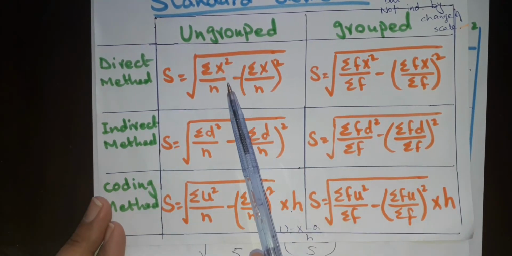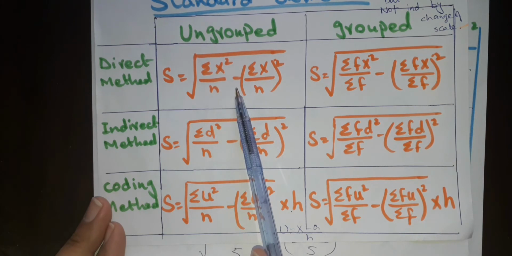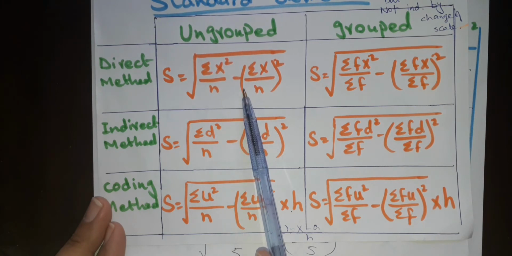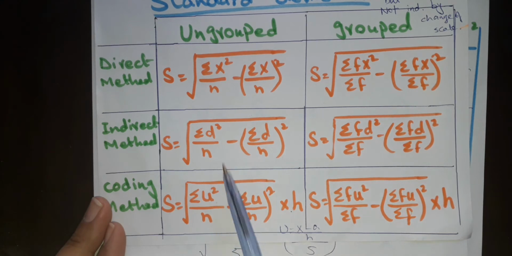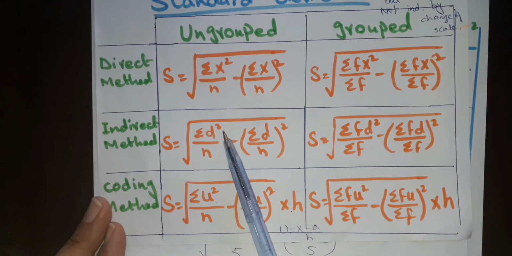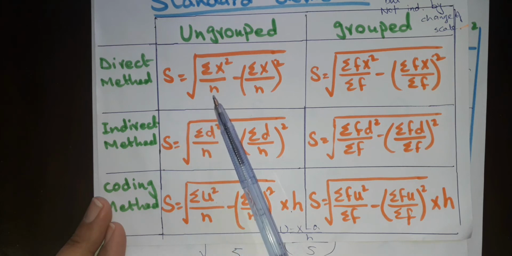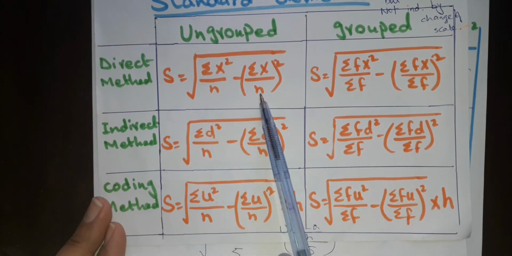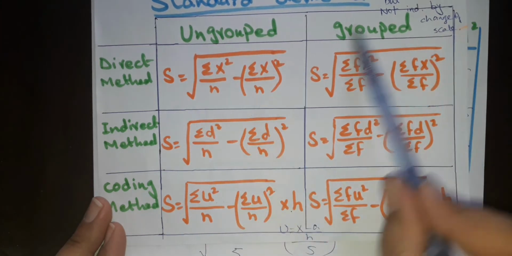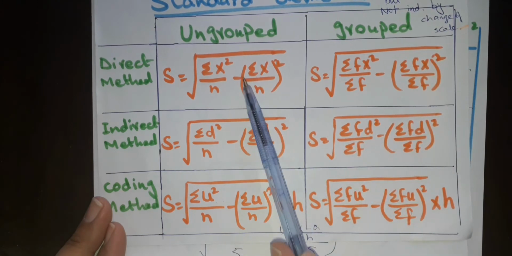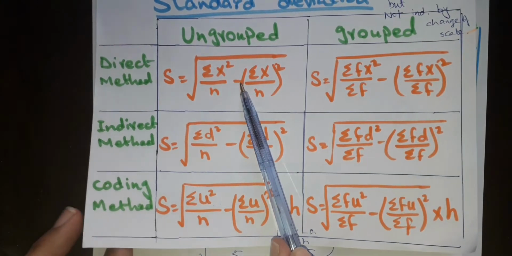Both of these formulas can be used, but this one should be used when question values are bigger. If we have smaller values, then we should prefer the other formula in ungrouped data, same like grouped data. But here in this question we use this ungrouped data formula.